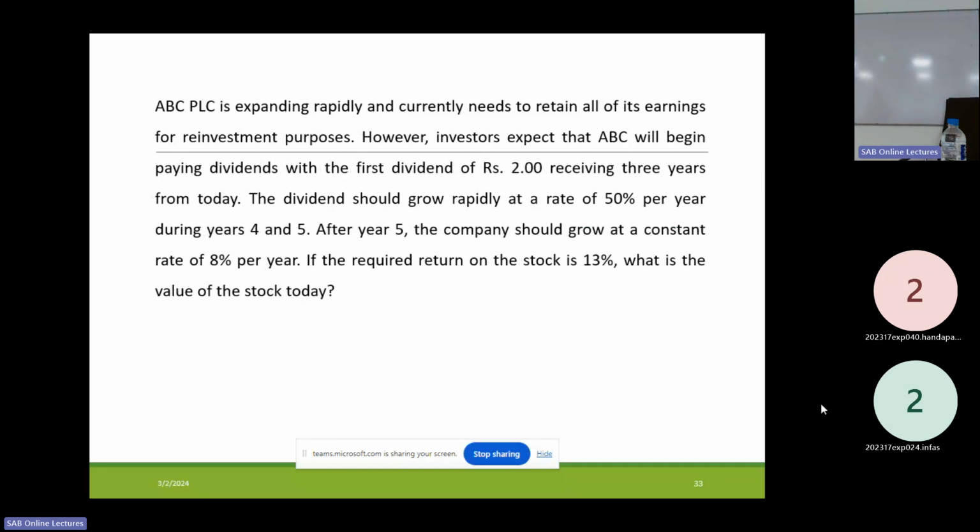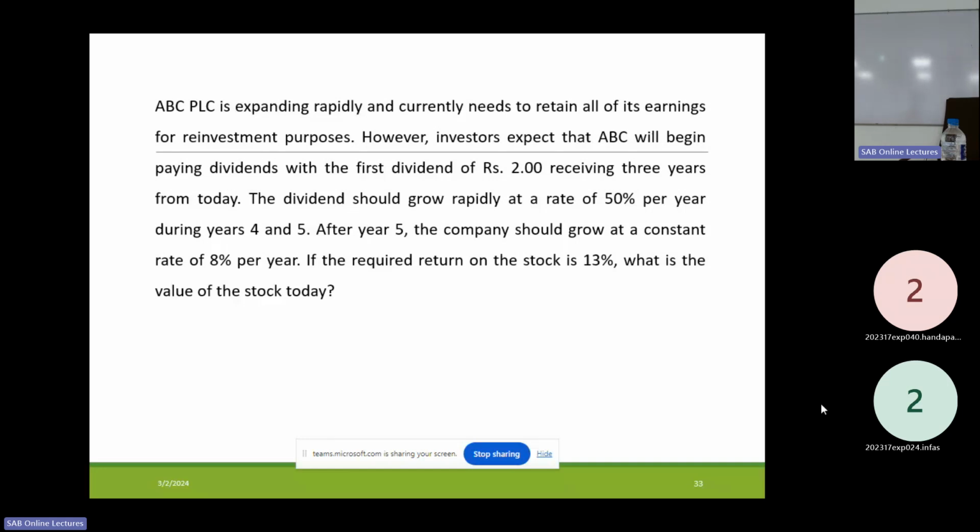Look at the question. ABC PLC is expanding rapidly and currently needs to retain all of its earnings for reinvestment purpose. However, investors expect that ABC will begin paying dividends with the first dividend of 2 rupees, received 3 years from today. Then the dividend should grow rapidly at a rate of 50% per year during year 4 and year 5.